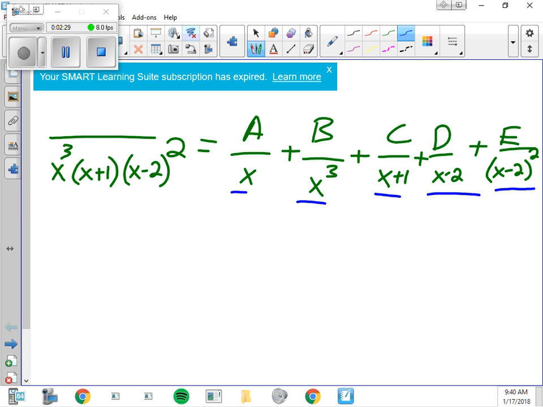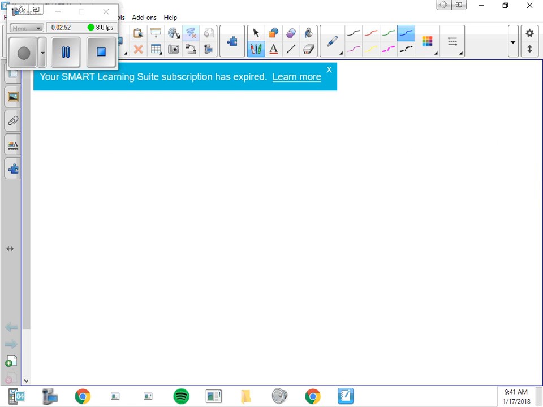So all 3 factors ended up with fractions, and then the 2 that had exponents also ended up with a fraction. Okay? Now, if the factor is linear, if the factor is an x to the first, then the numerator is just a constant. But what if the factor is a quadratic? Then the numerator would be linear, would have an x in it. So what if I had (x squared + 9) and (x squared + 1) squared? How many fractions will there be? 3. 2 factors, and one of them has an exponent.